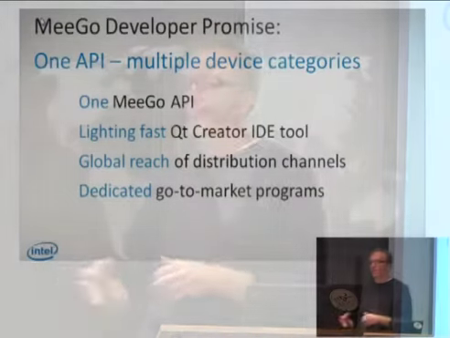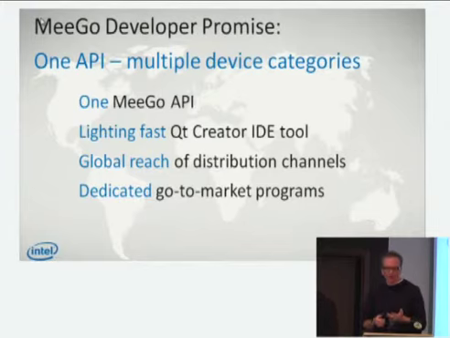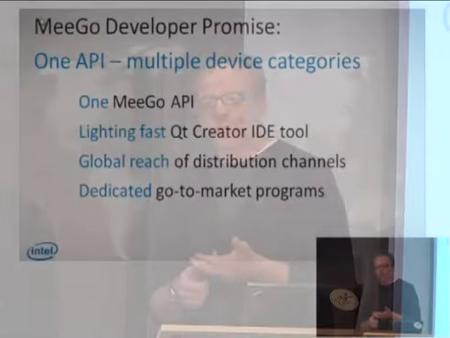So basically, if you have a MeeGo device, you're guaranteed that these APIs are present. So you have an easy target to develop for across different device classes. You have great IDE tools around this. There are good distribution channels available, obviously, the branded stores, our own store, or a store that any service provider could offer. And there are go-to-market programs available.